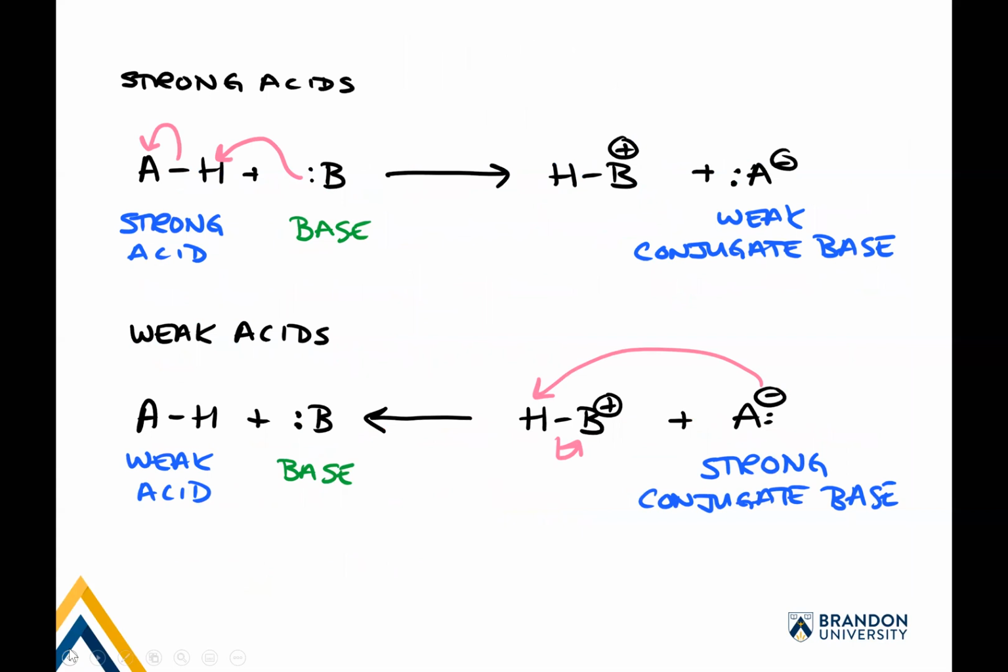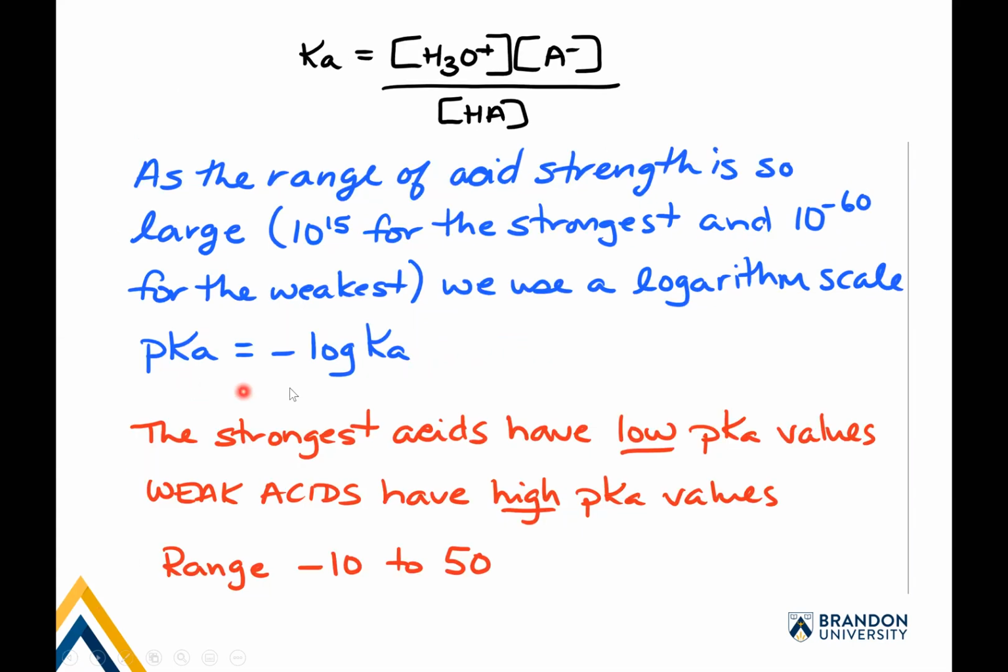When you do minus the log of the Ka, the strongest acids have low pKa values, and the weakest acids have the highest pKa values. The range is roughly between minus 10 for the strongest acids, to the weakest being somewhere around 50. So low pKa values, strong acids; high pKa values, weak acids.